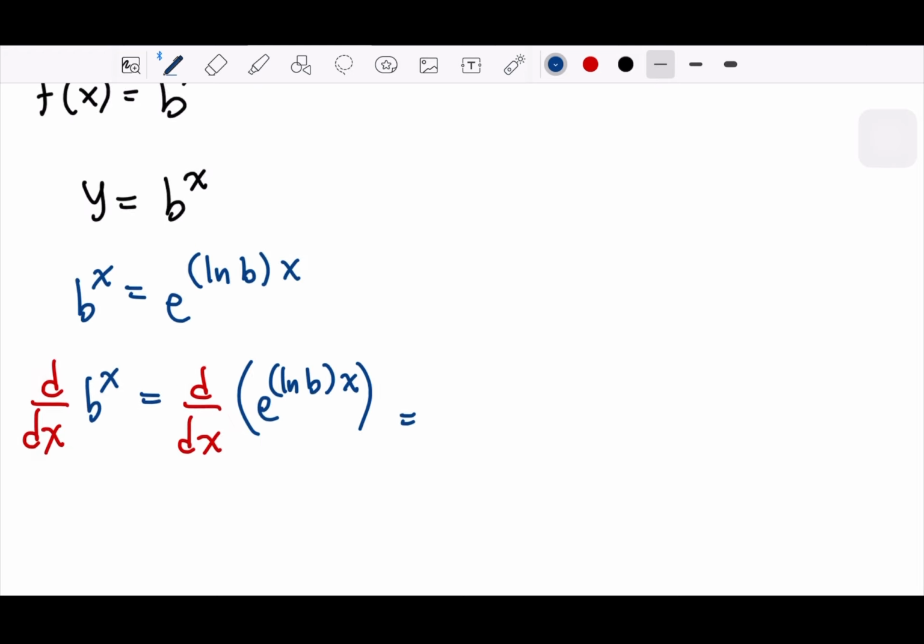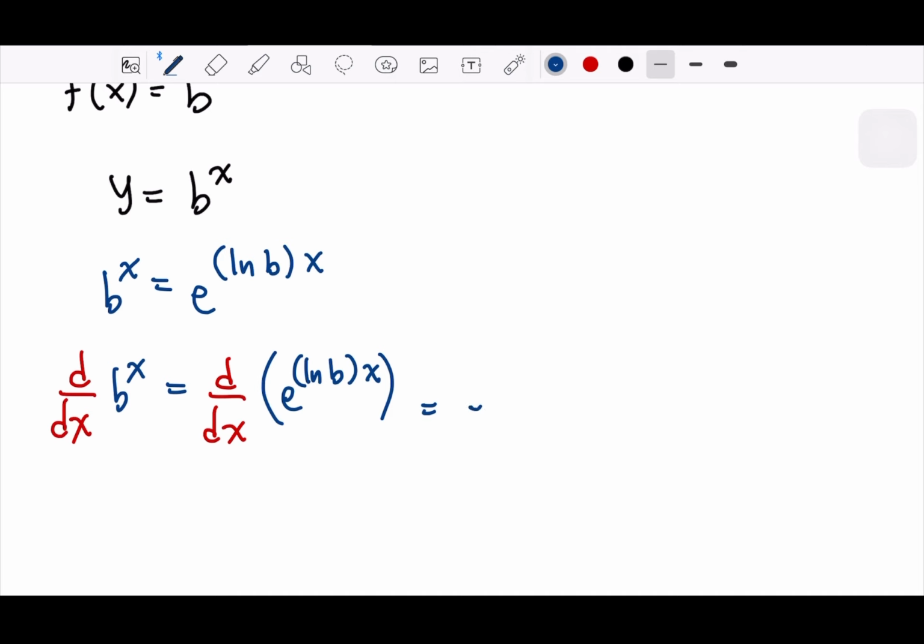So as you remember, we have e to the ln b x, and then we derive the inside function, ln b x, right? ln b is just a constant. So the derivative of ln b x is just ln b.